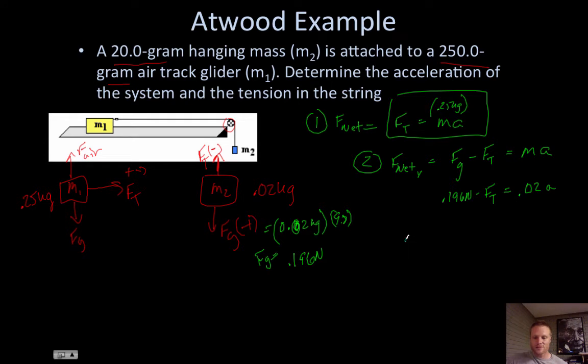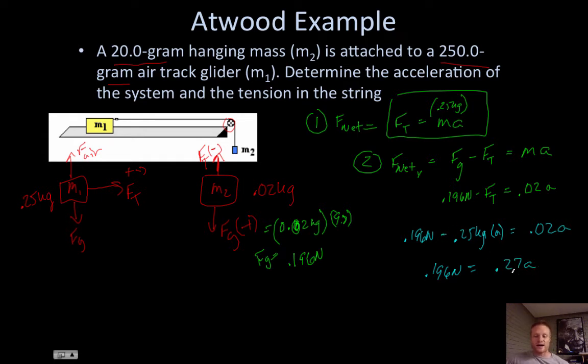So I'm going to have 0.196 newtons minus 0.25a equals 0.02a. I want to get my a's all to the same side, and so if I just add 0.25a to each side, I get 0.196 newtons is equal to 0.27a. So I just did a little bit of algebra there.